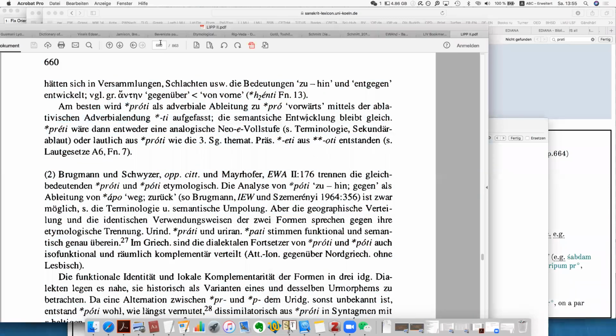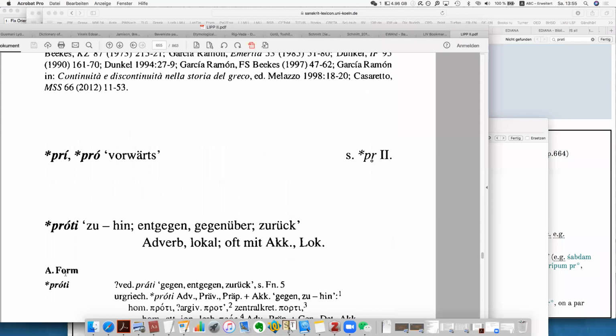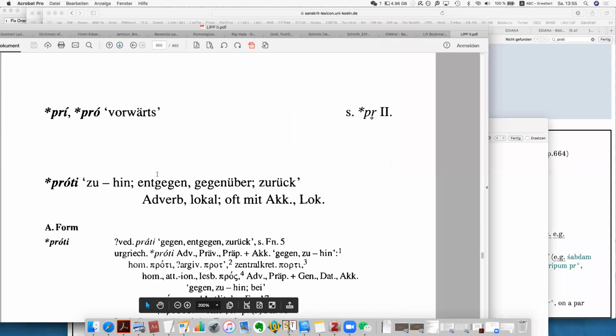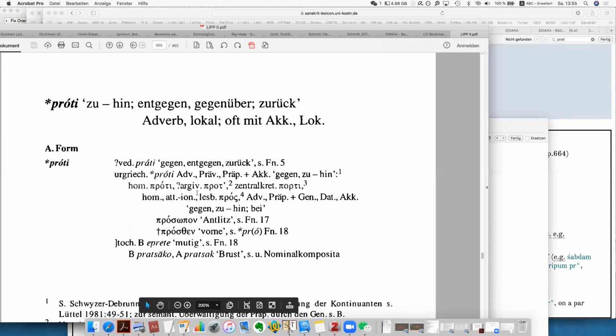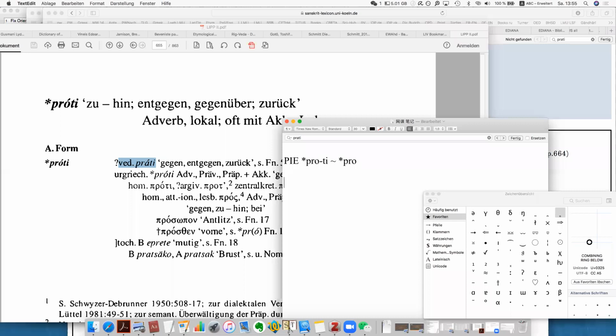Let's check another word. So this is proti, right? And here is something important. Vedic, I write it here. So this is Vedic prati, right?